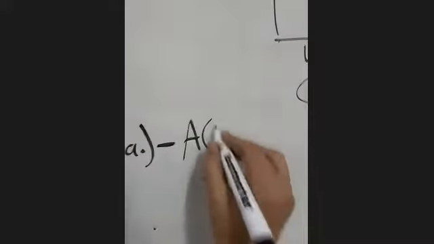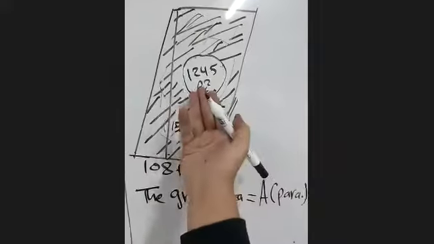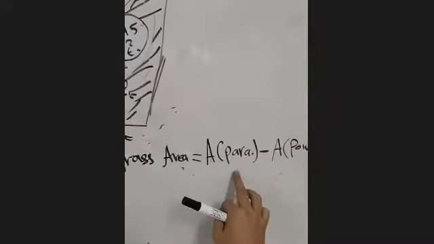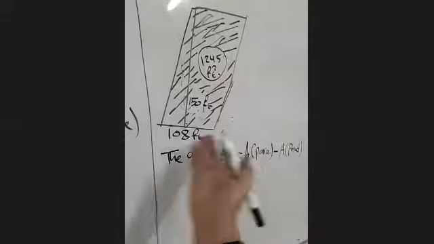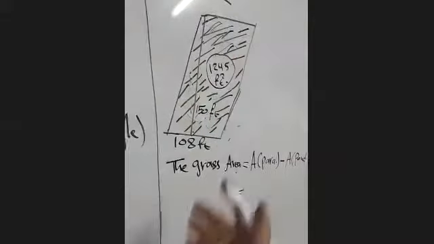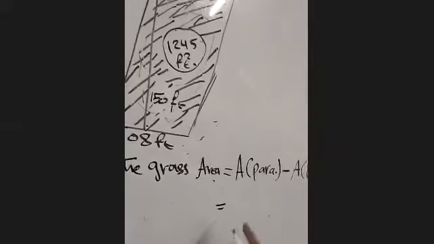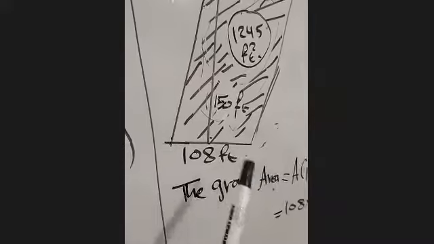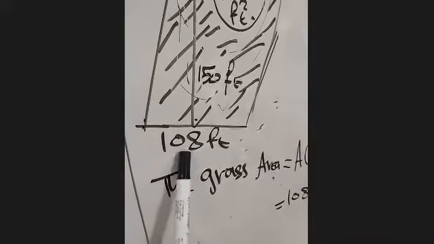The area of the pond is given as how much? 1,245. It's given to us. Now what's left for me to calculate? The area of the parallelogram, right? What's the area of the parallelogram? Base multiply height. What's the base? 108 feet.